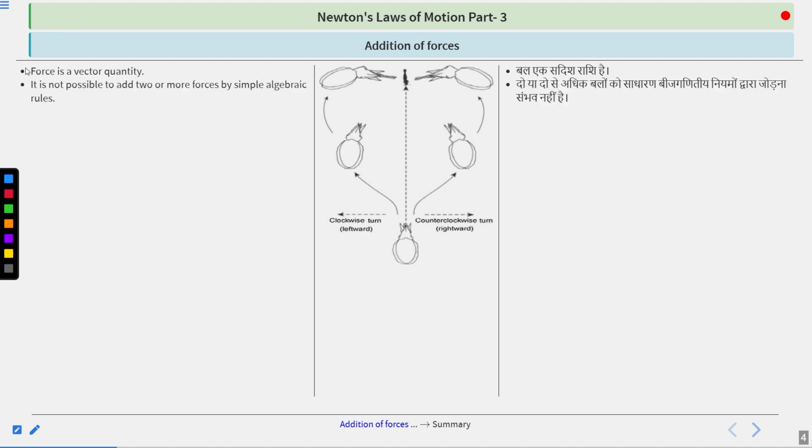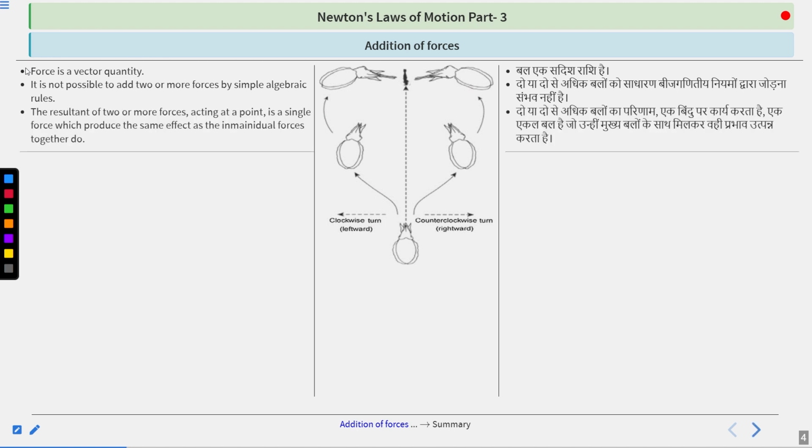It is not possible to add two or more forces by simple algebraic rules. The resultant of two or more forces acting at a point is a single force which produces the same effect as the individual forces together. So if you take any point of reference and say that various forces are acting on this point, that statement is half true and half false.